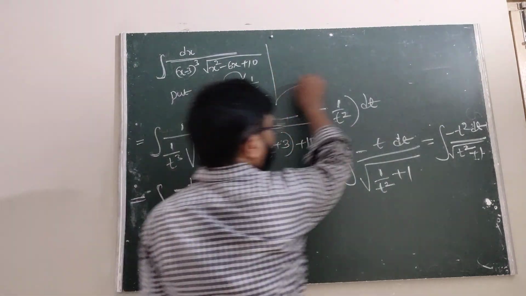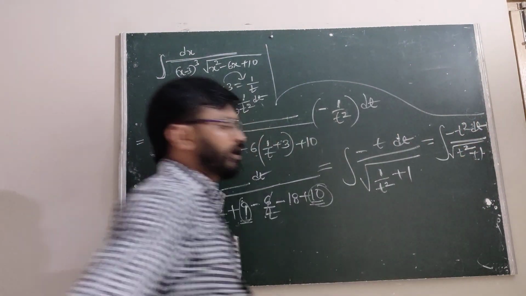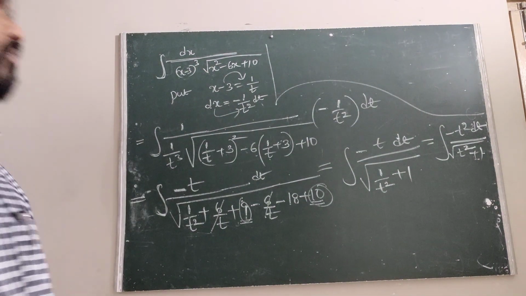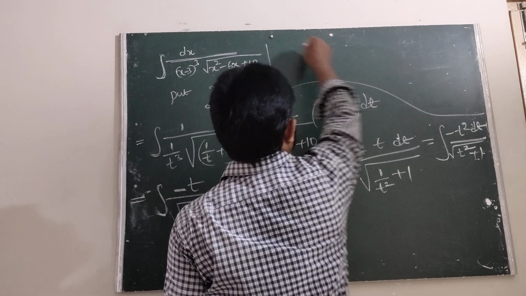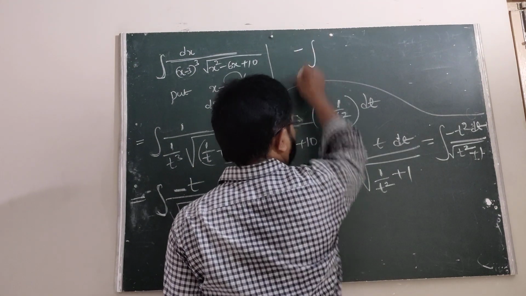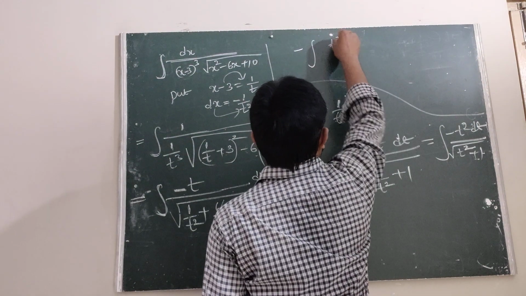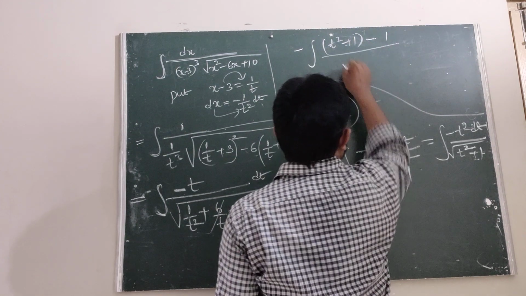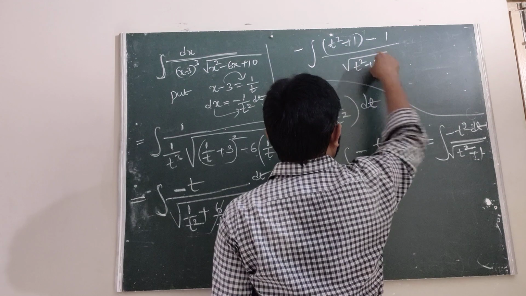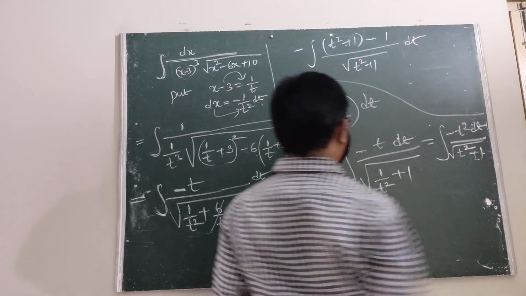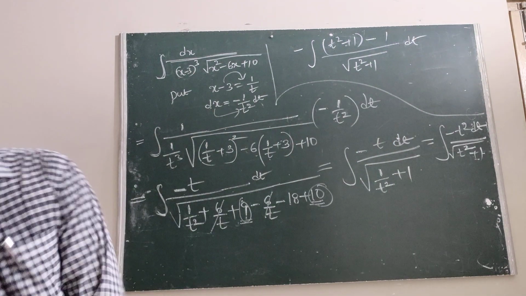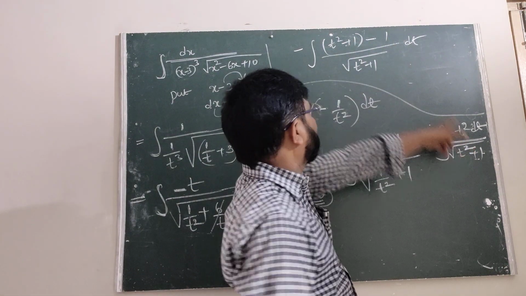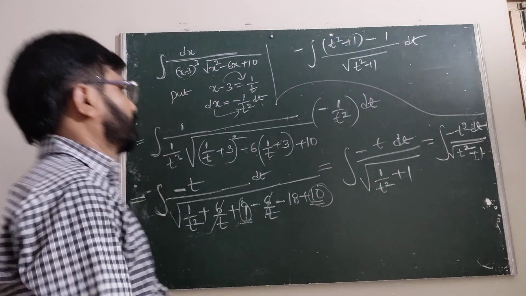Now we can write here t square upon t square plus 1 as minus of (t square plus 1 minus 1) under root of t square plus 1 dt. Is it clear? Plus 1 minus 1 cancel, we are getting t square.